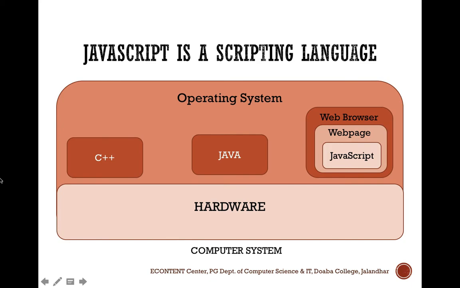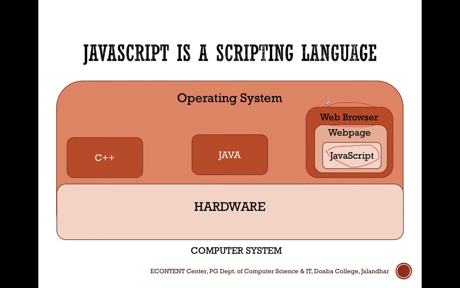But in the case of JavaScript, you cannot run JavaScript directly. JavaScript is basically run under the web browser. If you have written some code in JavaScript, obviously you cannot execute that code directly. You can execute that code through the web browser only.